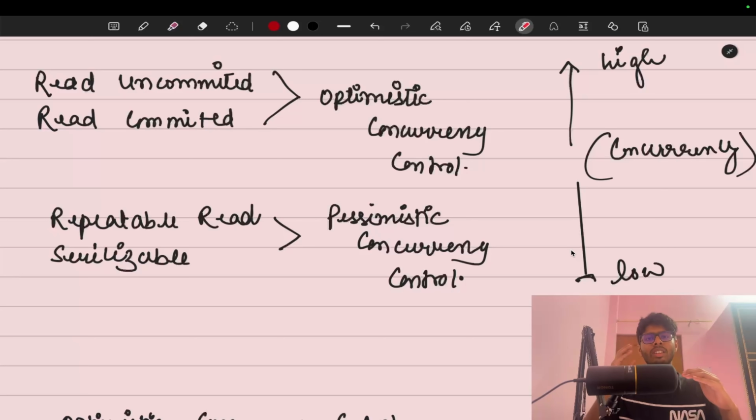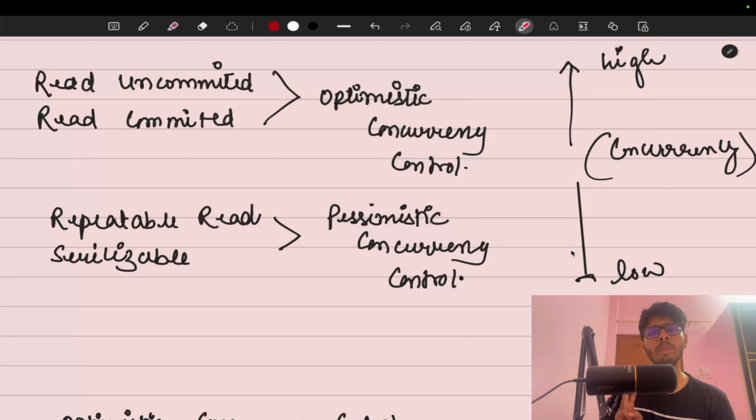That makes our system a little less concurrent, because concurrency says that our system should be able to perform multiple transactions at the same time. But now, because of this locking, all the transactions are waiting, and that makes our system a little slow and a little less concurrent. That is the example of read committed, and we can say it is low optimistic in nature.